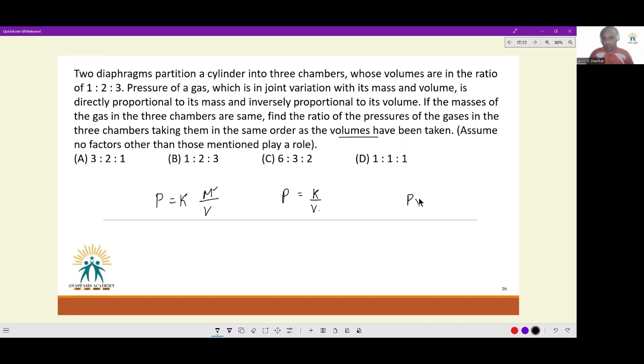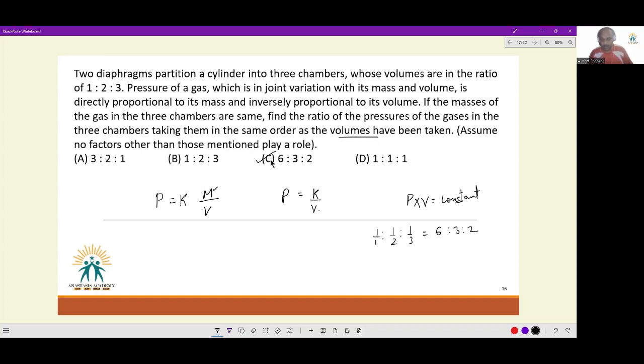If pressure into volume is equal to a constant, it means pressure and volume are in inverse ratio. If the ratio of volumes is 1 is to 2 is to 3, the ratio of pressure should be 1 by 1 is to 1 by 2 is to 1 by 3. And in order to simplify this, we multiply it by the LCM. We get 6 is to 3 is to 2, or option C is the right answer here.